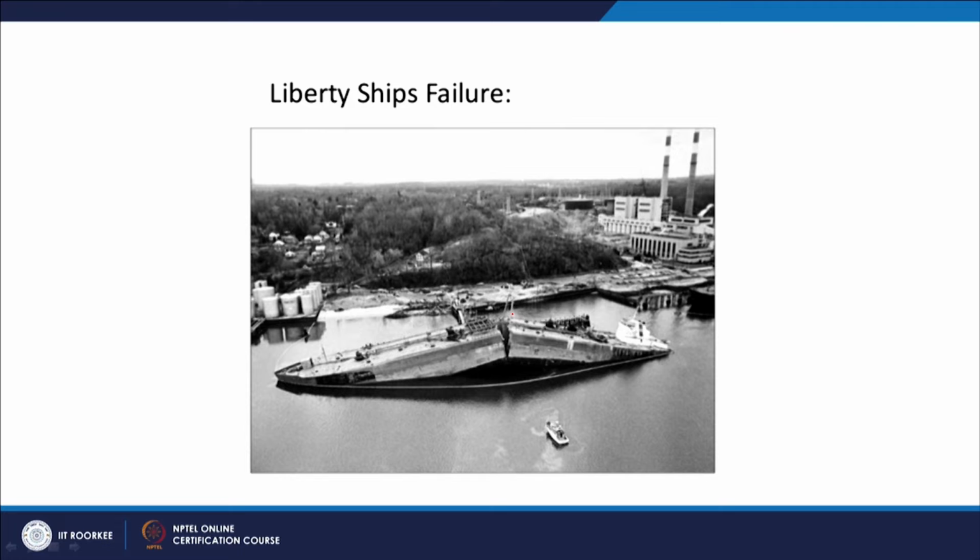A big ship like this just fracturing into two parts is a very difficult thing to understand. People found out that there were problems in the material, there were problems in the fabrication and so on, and a lot of improvements took place after that.